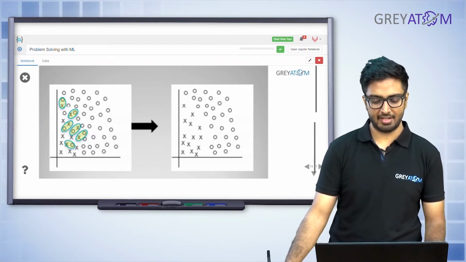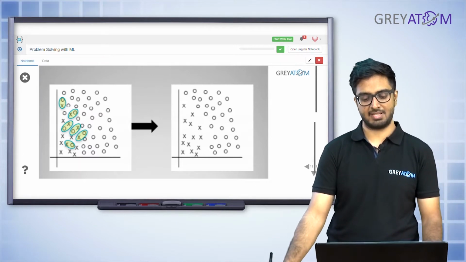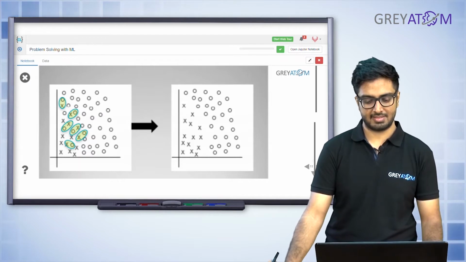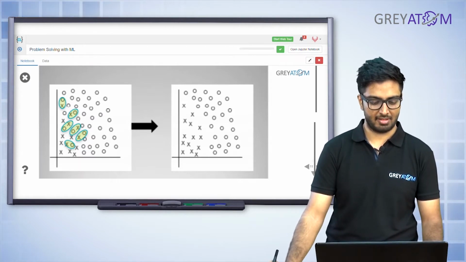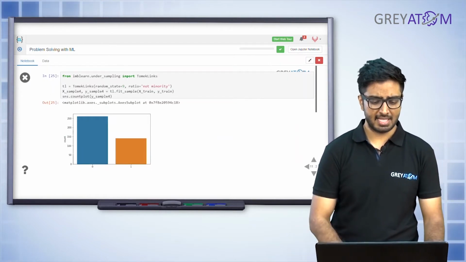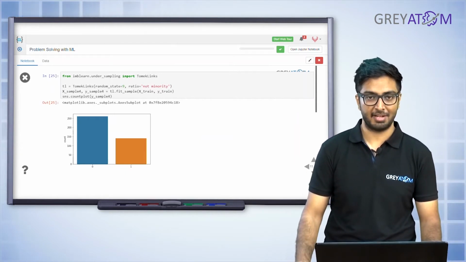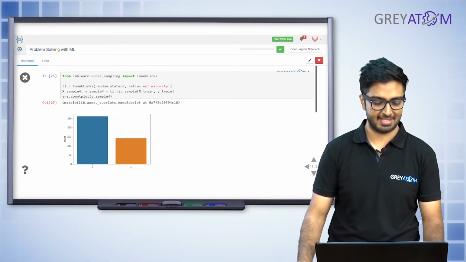The second added advantage of this advanced technique is that you end up with a much cleaner decision boundary, and the separation between positives and negatives is very good. Now we are going to take up the imbalanced-learn library and try using Tomek Links and see how it goes.